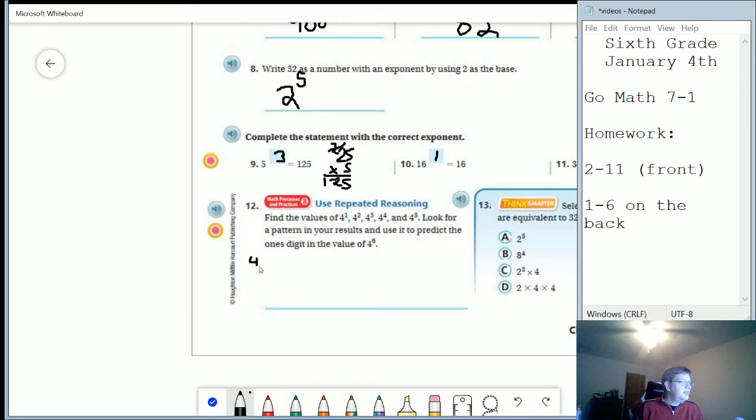So we are going to do 4 and then 16 and then 64 and then 256 and then 1024. Yeah, 1024.